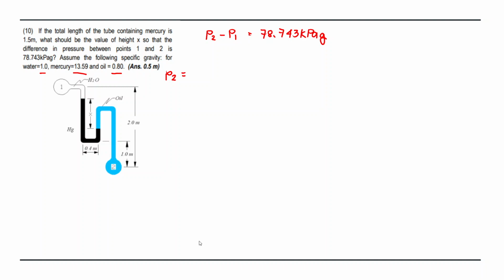This is oil, okay? 0.80 kasi specific gravity times 1,000, times g, rho g h, 9.81 times h. Dito, ito yung P2, diba? P2 equals 0.8 hanggang dito.